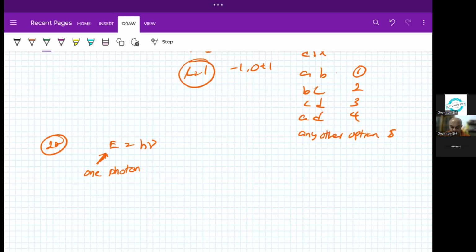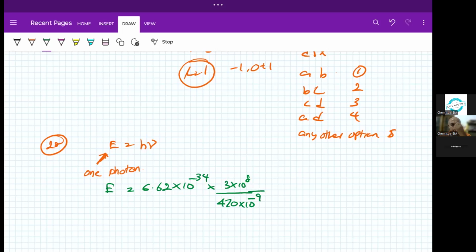E is equal to h, that means 6.62 into 10 to the power minus 34. Nu is c divided by lambda, I have explained this one. So that is 3 into 10 to the power 8, total one divided by the lambda value. Lambda value is here 470 into 10 to the power minus 9. Always should be in the SI units, otherwise your answer will be wrong. So this is energy of one photon.